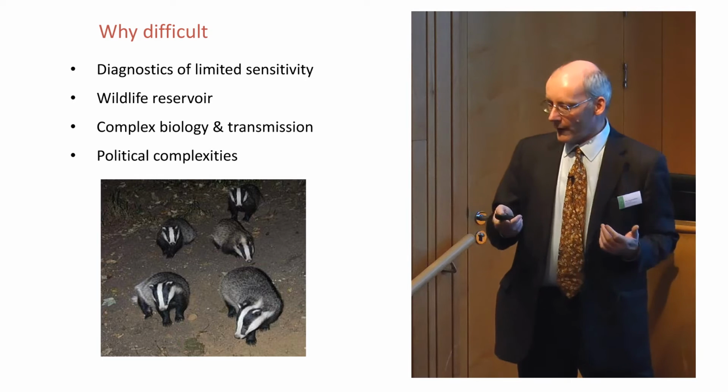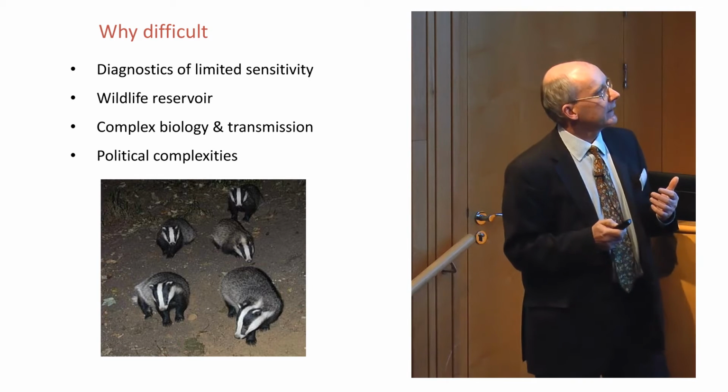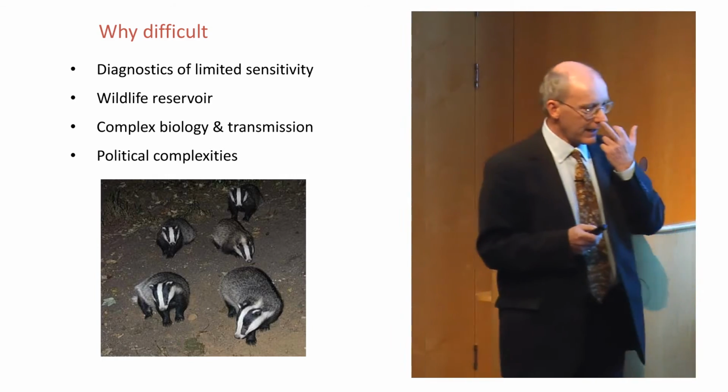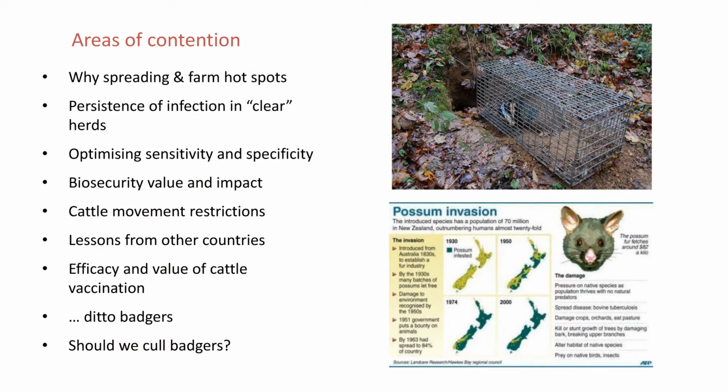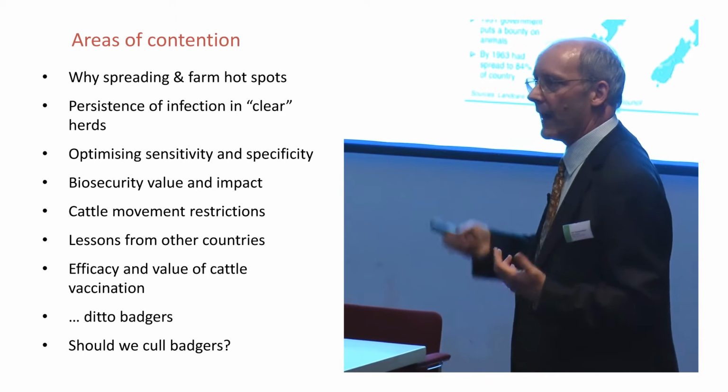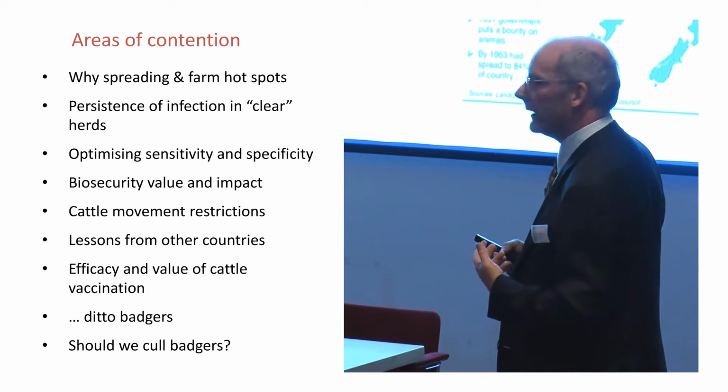And of course, there are all the political complexities of this disease involving one of the iconic species of the British countryside. There are many areas of contention. Why is it spreading? Why are some farms hotspots? Why, if you clear a herd, does it sometimes come back later? Actually, we're beginning to get a better idea of that. How do you get the test better?